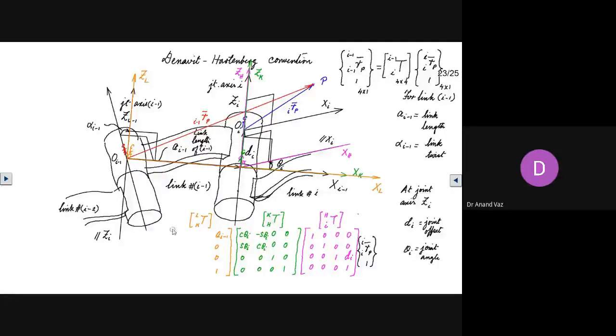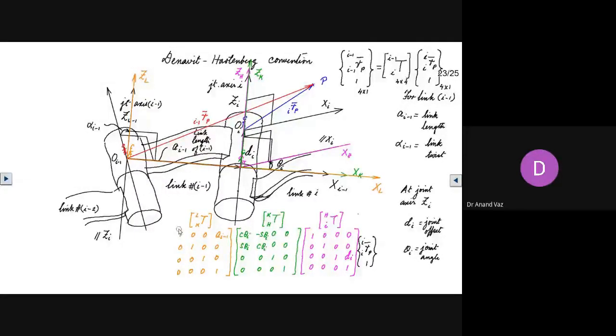What about this? Here we'll have a unit matrix. Agreed? So 0, 0, 1, 0, 0, 1, 0, 0, and 1, 0, 0.